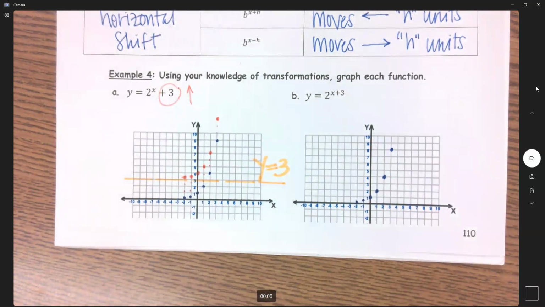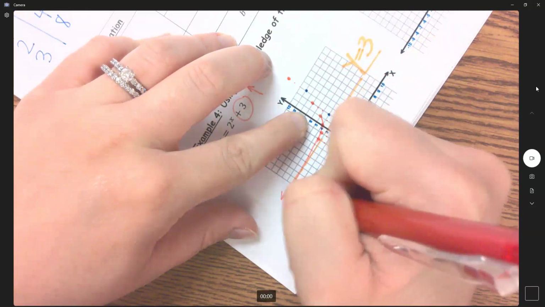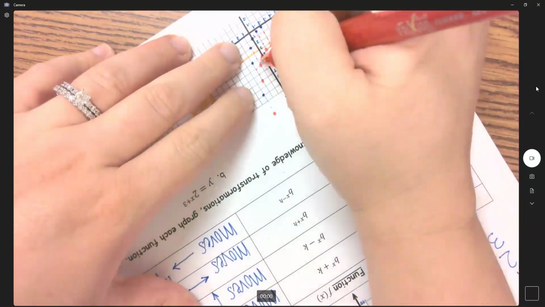So when I connect these points in my red, I am not going to go over that horizontal asymptote.